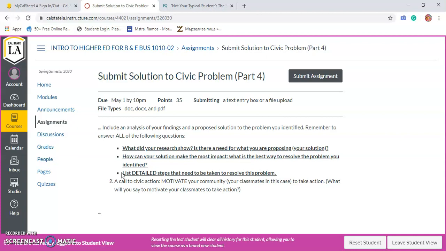They listed steps in which they can collect items, how they're going to collect them, and then how they are going to distribute them. You do not need to have 10 or 20 steps, but I would say somewhere between 3 and 5 steps to a solution would be reasonable, just so I can see that you have thought it through, that you thought about how this could become reality.